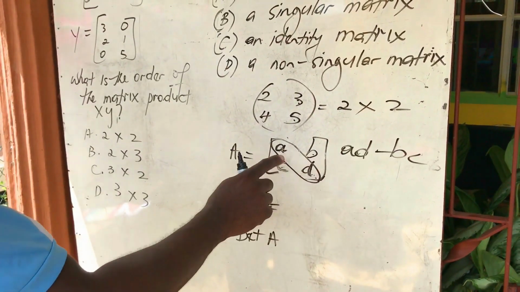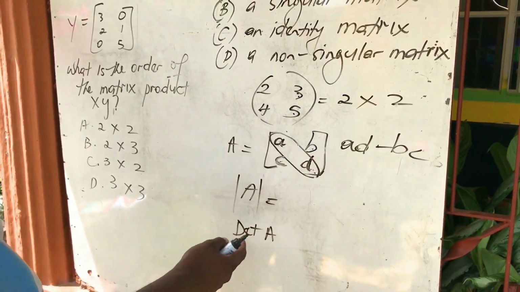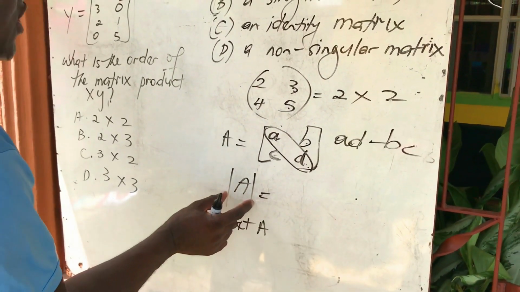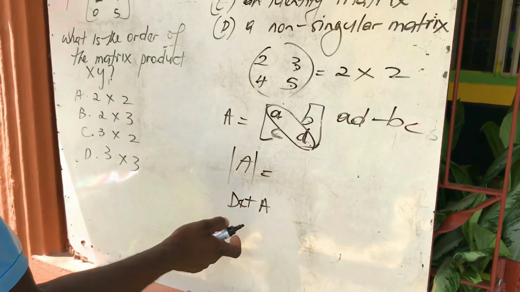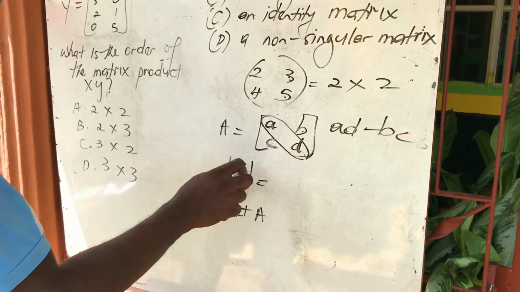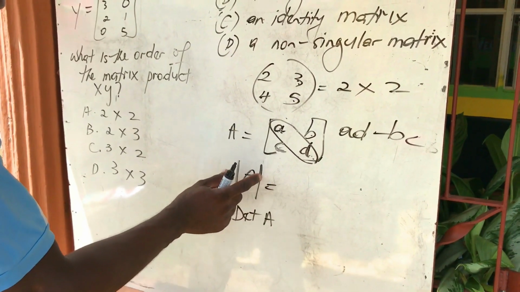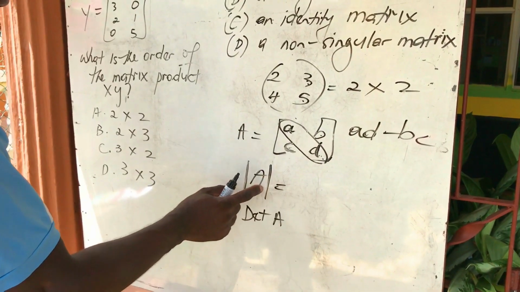This is AD minus BC, which represents our determinant. So remember, we can write determinant A for short, or we can use the 2 line segments at the side of A.